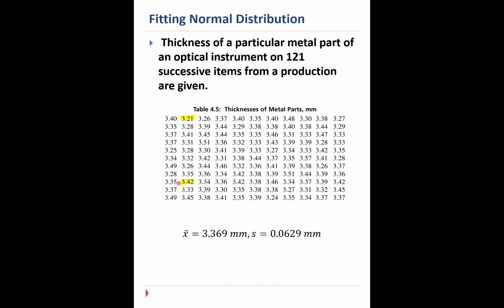These are very nice points: 3.21 is smaller than the mean value, and 3.42 is greater than the mean value. So let me demonstrate the procedure.